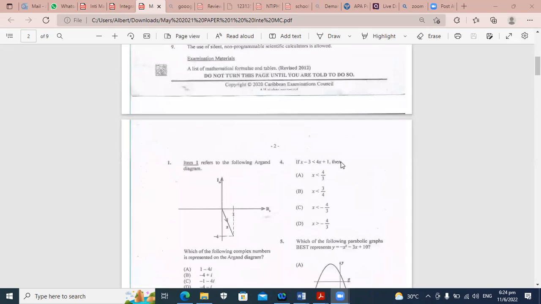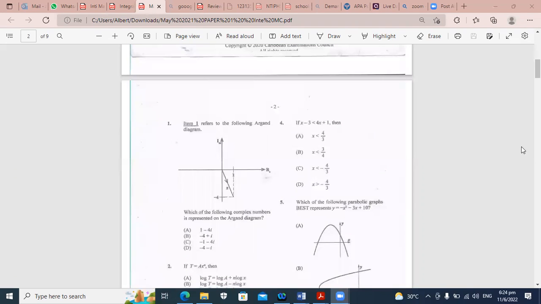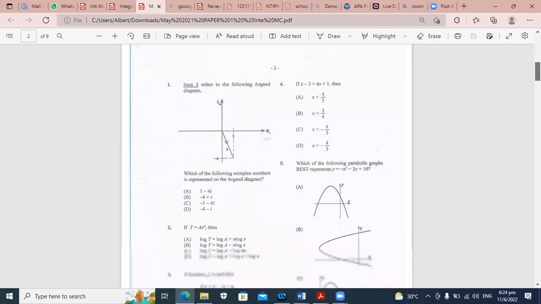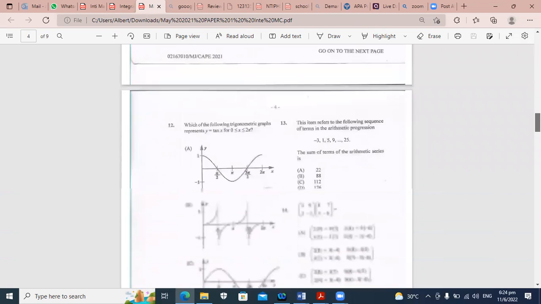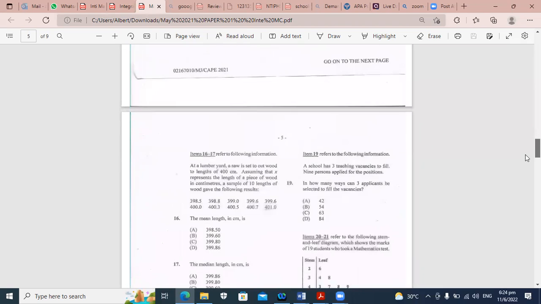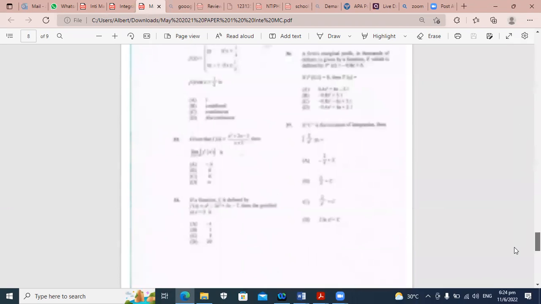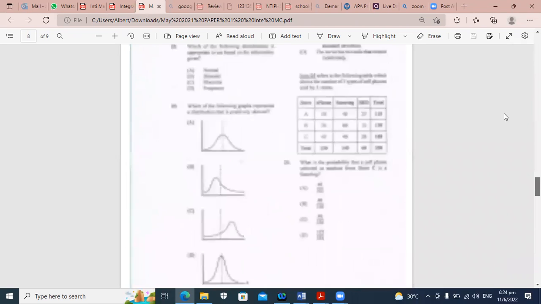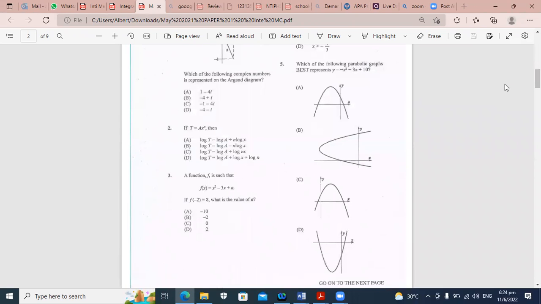The exam has 45 questions, and I have 15 questions from module 1, 15 from module 2 stats, and the last 15 from calculus. So you wouldn't find a differentiation question in the first 15 questions.